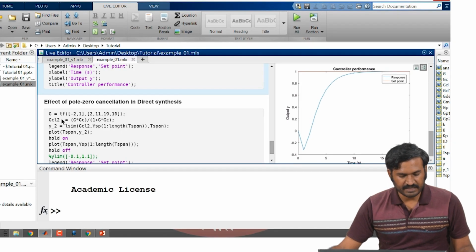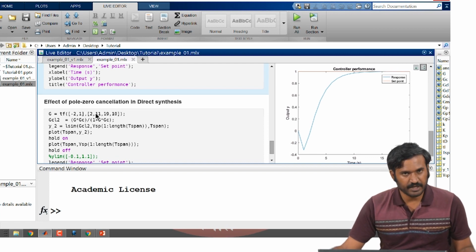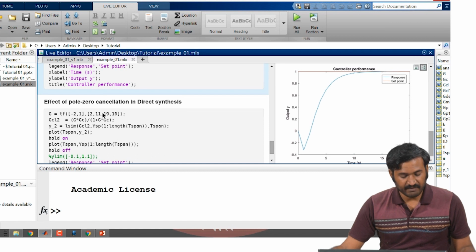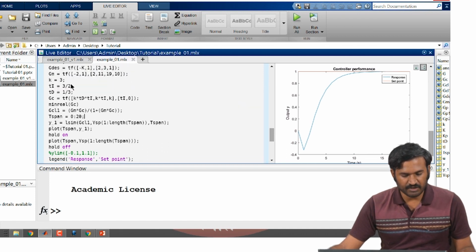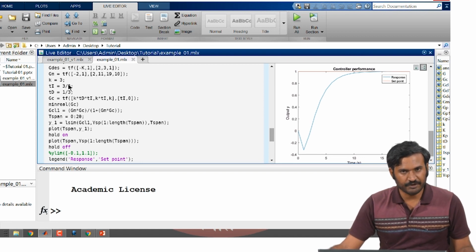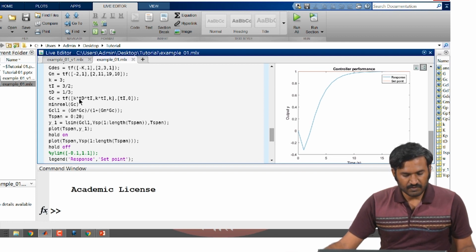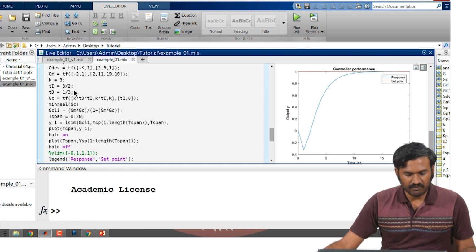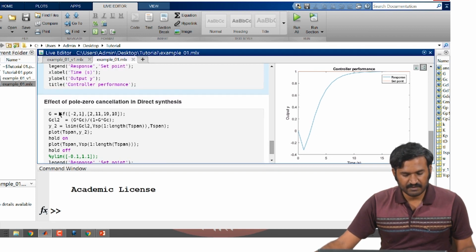Let us take the same example. We have the process to be (1 - 2s) divided by (2s^3 + 11s^2 + 19s + 10), and we have the same controller configuration, which is with the Kp value to be 3, tau I value to be 3 by 2 and tau d value to be 1 by 3. Now, how will this controller work on this process is what we are trying to see.